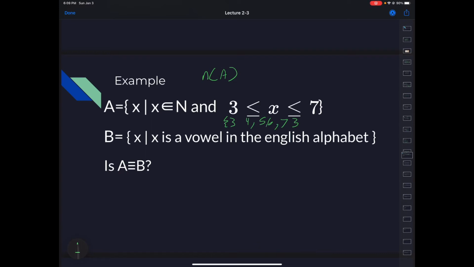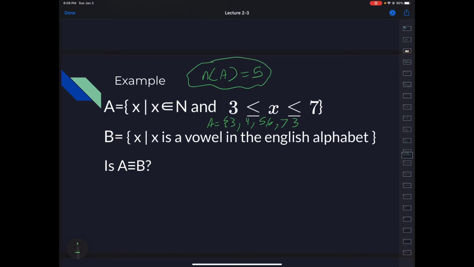So if I put commas here, A is equal to {3, 4, 5, 6, 7}. And how many elements are there? 1, 2, 3, 4, 5. The cardinality of A is equal to 5. Notice I don't care about those numbers. It could easily have started at 4 and been 4, 5, 6, 7, 8. Either way, the cardinality of A is still equal to 5.